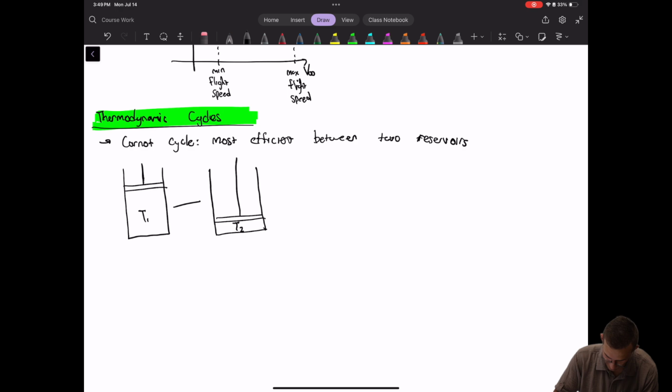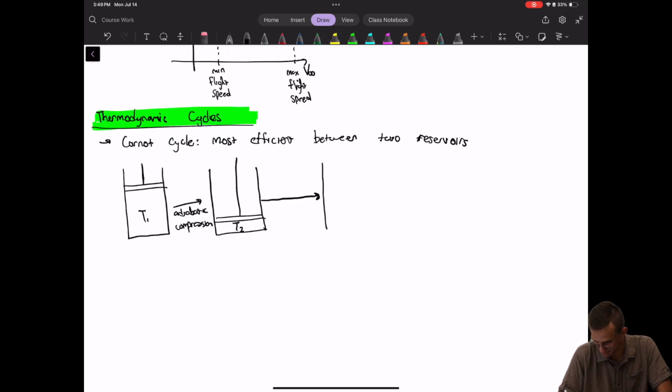So this is adiabatic compression. Okay, and then it goes into contact with the thermal bath, let's say, and it has an isothermal expansion.